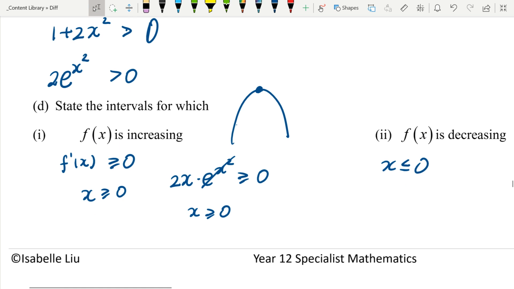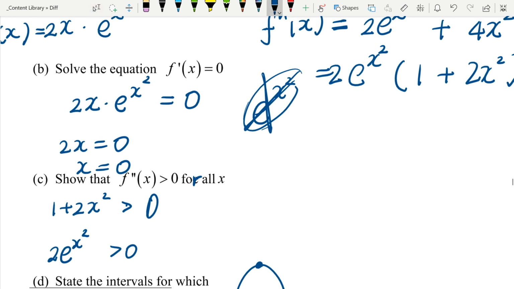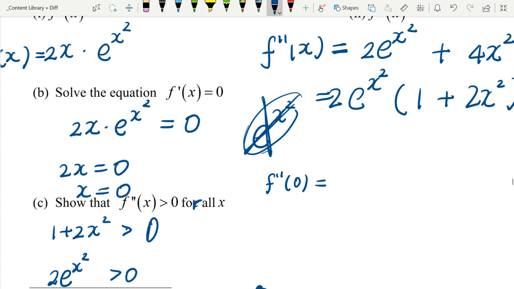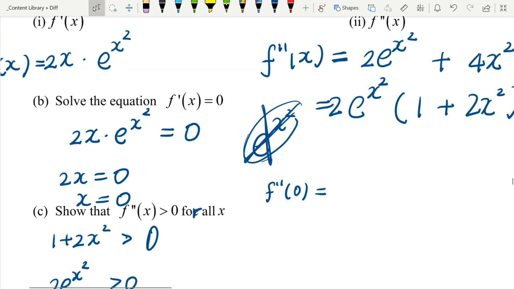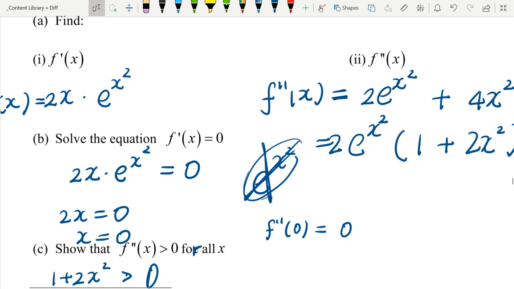I want to ask you, at the point 0, is that a maximum point or a minimum point? Definitely it can't be a stationary point of inflection, because the second derivative is always greater than 0. Where's my second derivative?